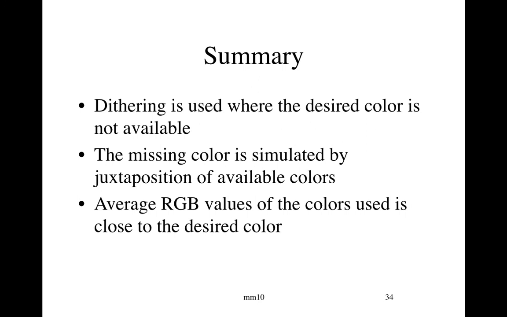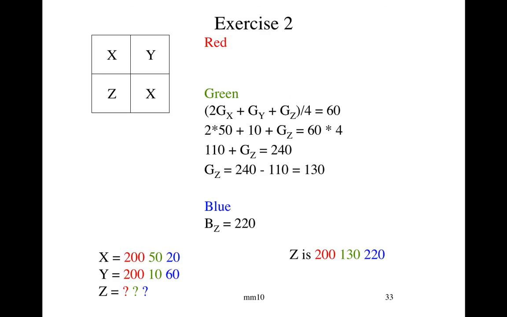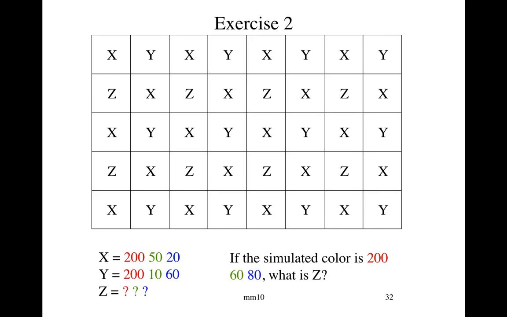And so the average RGB values of the colours that you have available to you would be close then to the RGB value of the desired colour. So it's just a question then of working out the weightings. And like I said, thankfully we have programs that do this for us, but probably just as well in my case.